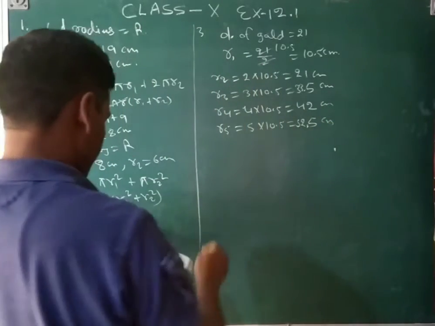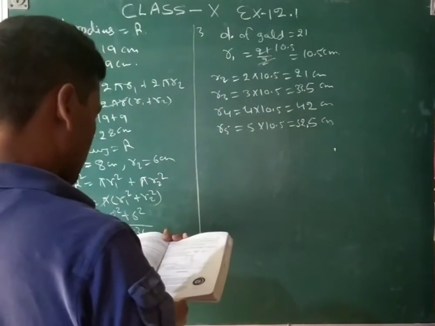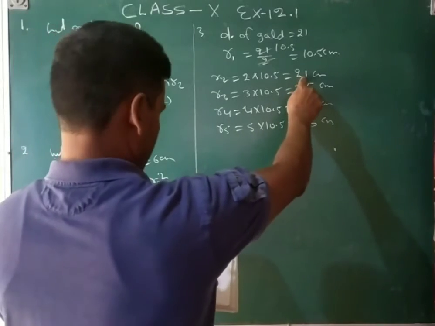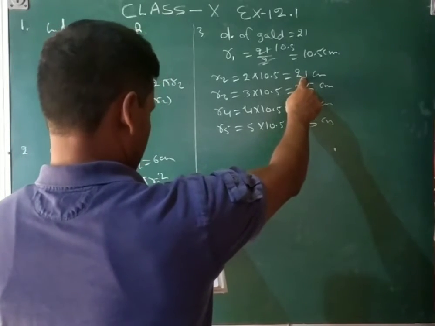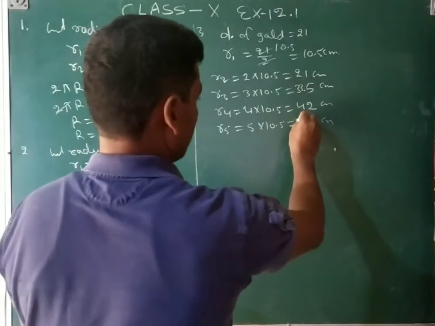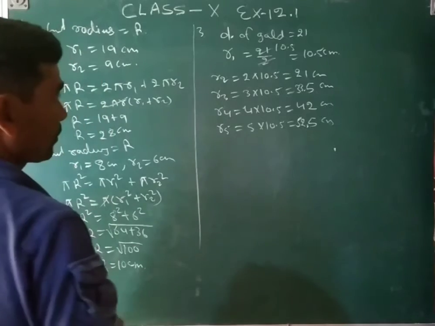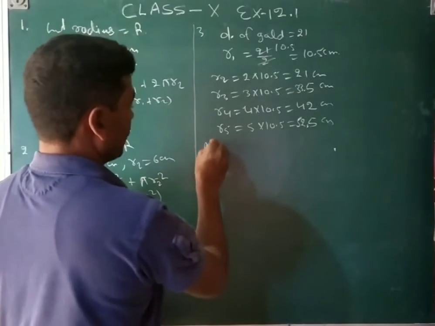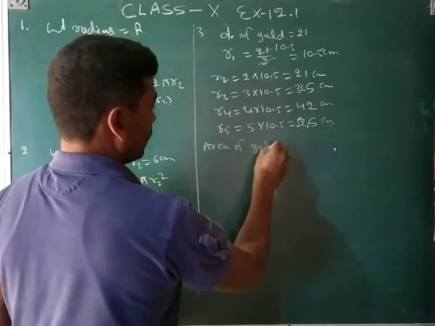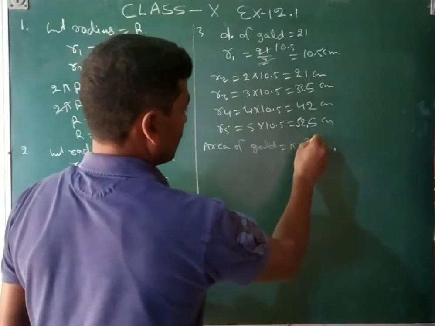These are the radii: this radius for gold, second for red, this radius for blue, and then black and white. Area of gold is equal to pi r square.